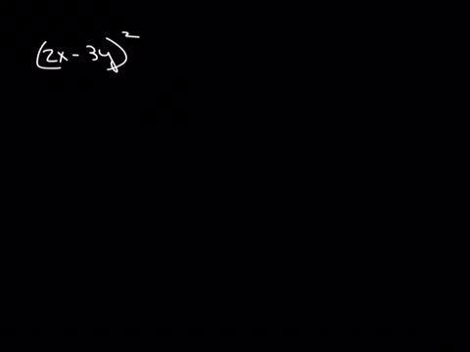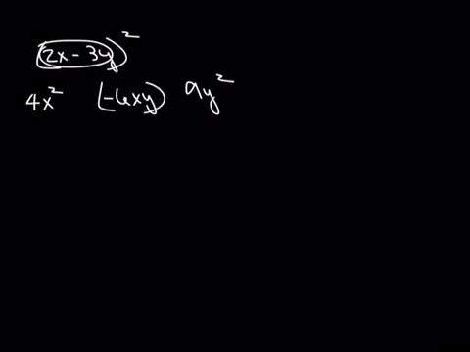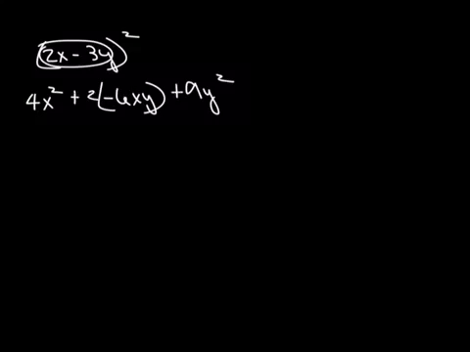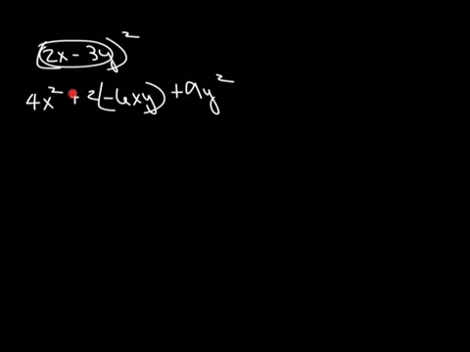Let's look at 2x minus 3y quantity squared. Alright, so the rule is square the first term, square the last term. The middle term is this times this, which is negative 6xy times 2. Okay, so what would help me if I was learning this, if I just put plus signs for both of these, I'm going to be safe.